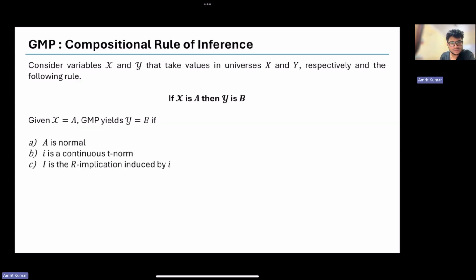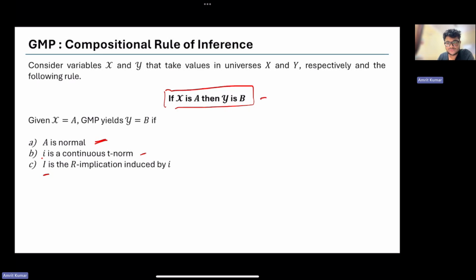And it turns out that if your fuzzy set A is normal, and your t-norm I is a continuous t-norm, and the implication I that you use to build the relation R that expresses the conditionality expressed by this fuzzy proposition is the R implication induced by this t-norm, then GMP extends the classical modus ponens.